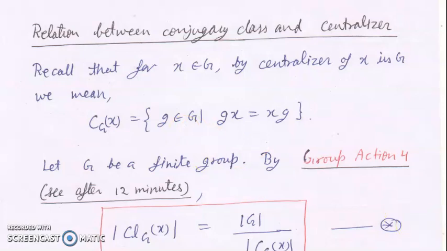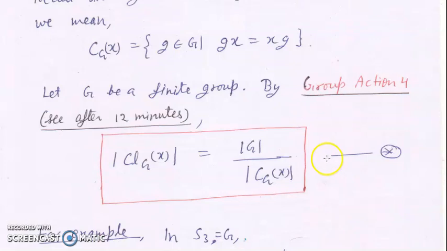So if you recall the lecture group action 4, after 12 minutes it has been shown that if G is a finite group, then the order of the conjugacy class of an element x in G is equal to the order of G upon the order of the centralizer of x in G. Order of G upon order of the centralizer of x in G is also called the index of the centralizer of x in G. So it means the order of the conjugacy class of x in G is equal to the index of the centralizer of x in G.